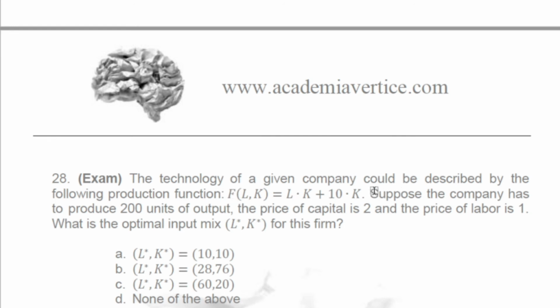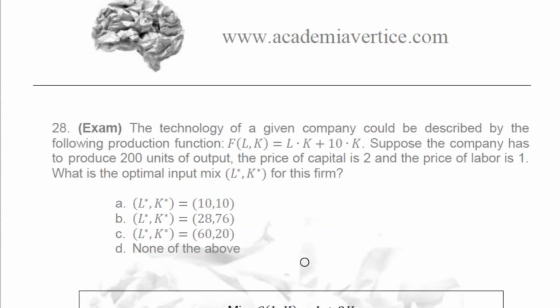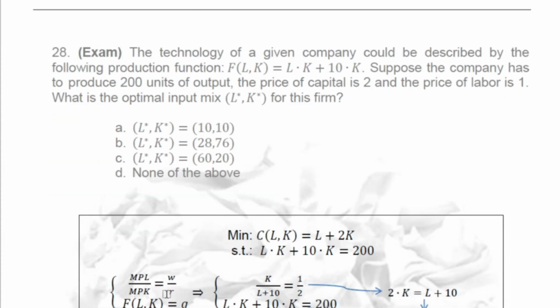If you don't know how to draw it, you try to do this, and maybe you're lucky and the answer is correct. But we should draw it, in this case the only isoquant is this one. It's not easy, but if we take the common factor out, it is k times L plus 10, and this is like a Cobb-Douglas function.